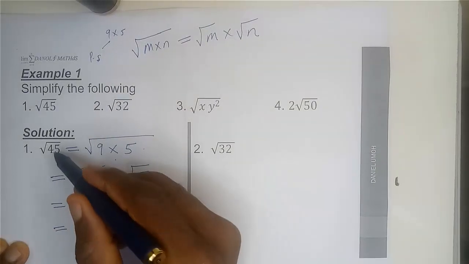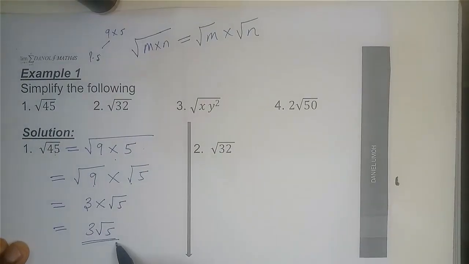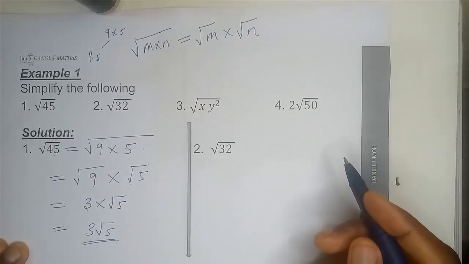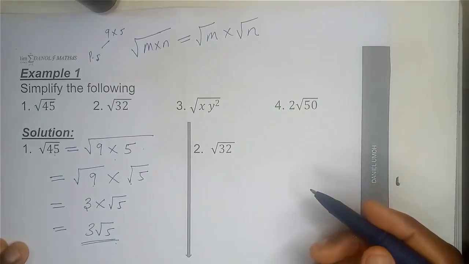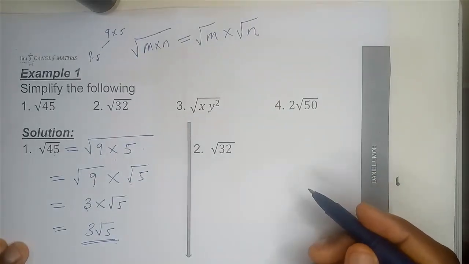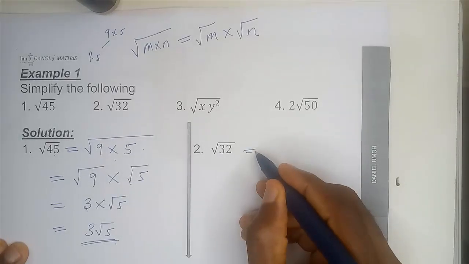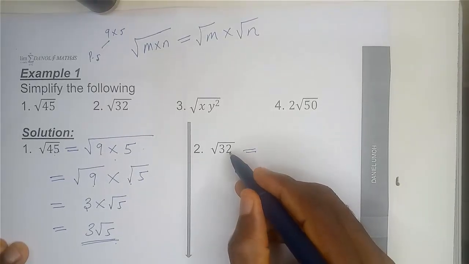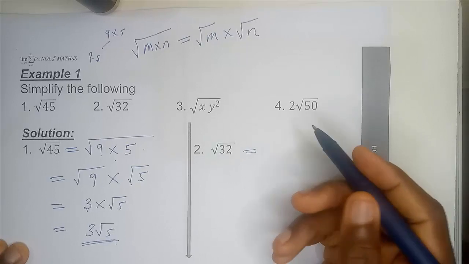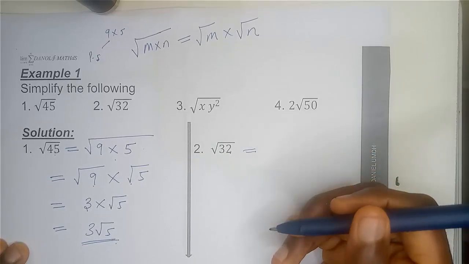That means the square root of 45 is equal to what? 3 root 5. Now, number 2, the square root of 32. To simplify this, we look for two numbers such that when we multiply the two numbers, we get 32. That's the factors of 32. Then at least one of the numbers must be what?